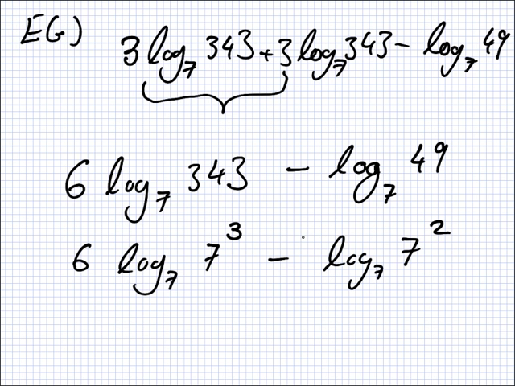Well, it's looking pretty clear now. 7 to what power gives me 7 cubed? That's 3. And 7 to what power gives me 7 squared? So that's 2, isn't it? Again, there are many paths you can take to get to the answer here.